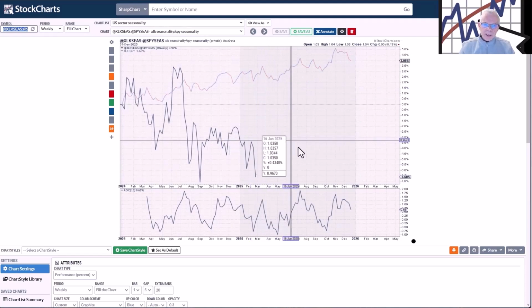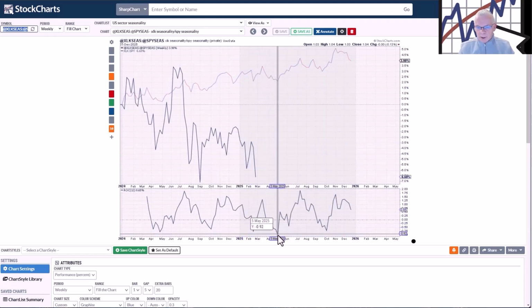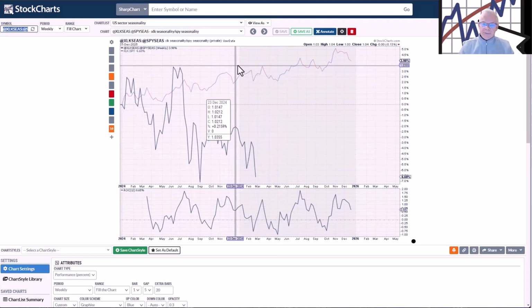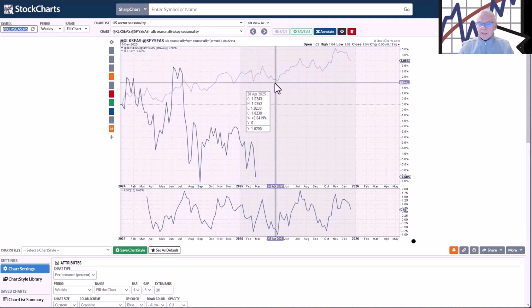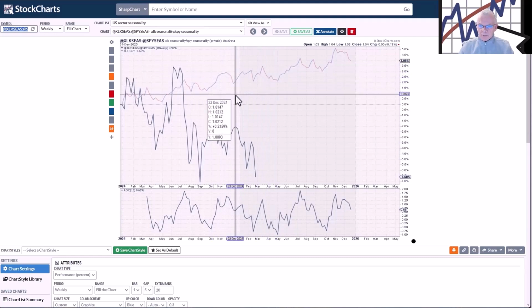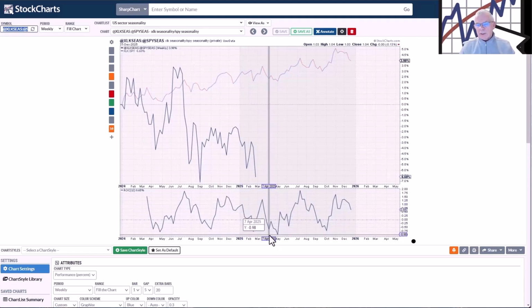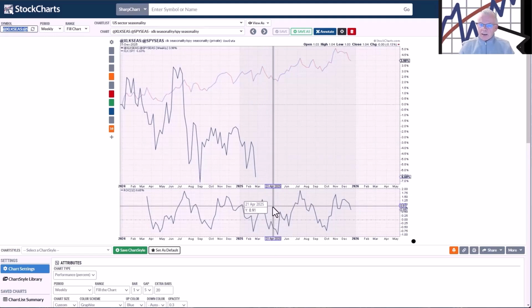If we look at the seasonals, then we can see that the relative is actually not bottoming until May. And if you would draw a rectangle around the relative seasonal pattern here, you wouldn't see much movement. And that's why that rate of change is actually moving lower, because there is not much upside movement.